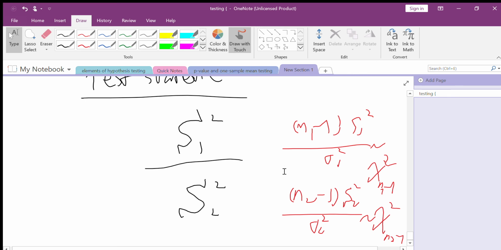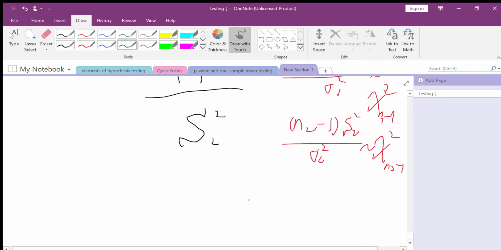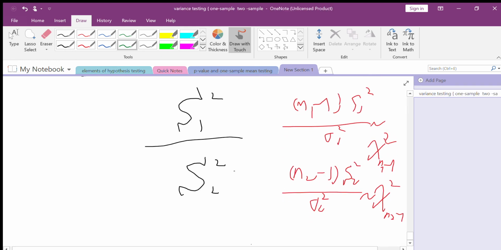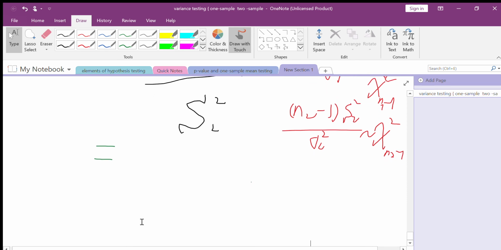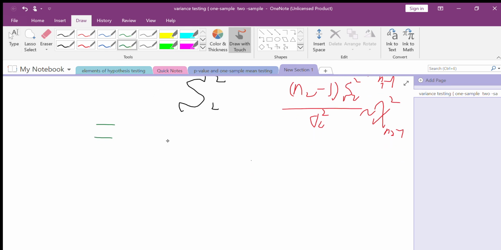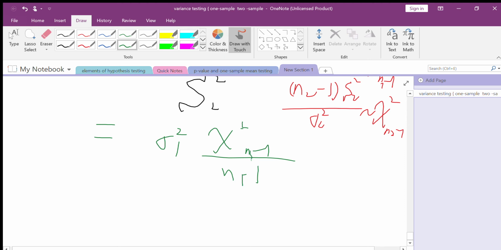So let's substitute this result into this ratio. For the numerator, it is sigma 1 squared times chi-squared n1 minus 1 divided by n1 minus 1. Here chi-squared n1 minus 1 is a random variable, keep in mind.